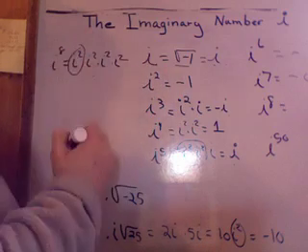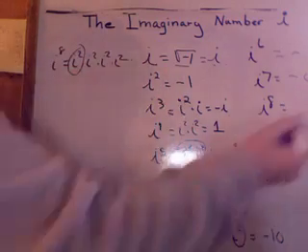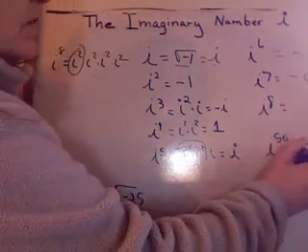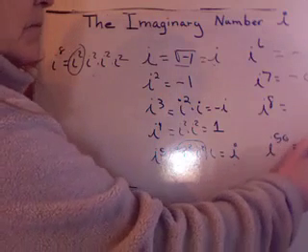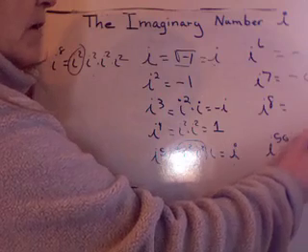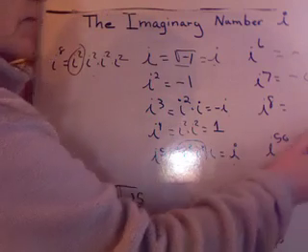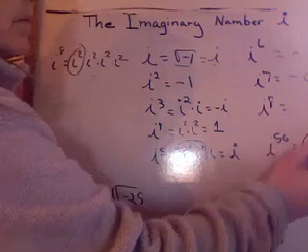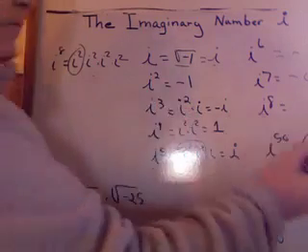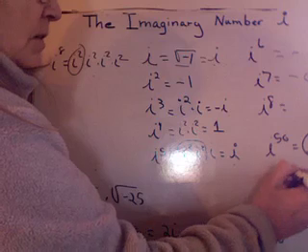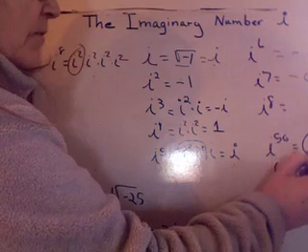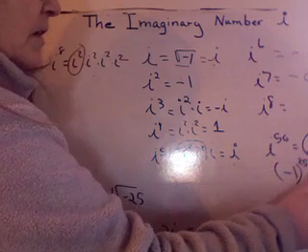Each i squared is a negative 1, so positive 1. i to the 50th. I like to put them in patterns of i squared if I can. How about i squared to the 25th? 2 times 25 is 50. And what is i squared? Negative 1. So, negative 1 to the 25th, negative 1.